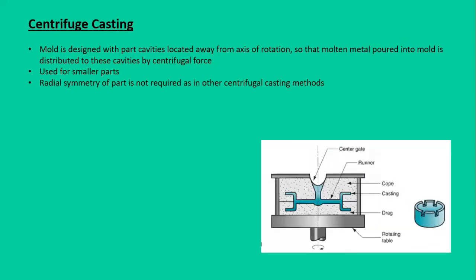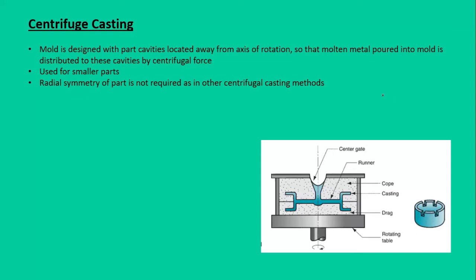Now the last type of centrifugal casting is centrifuge casting. In this kind of casting, the mold is designed with the part cavities located away from the axis. If we desire some special geometries or cavities towards the edges, we use centrifuge casting.